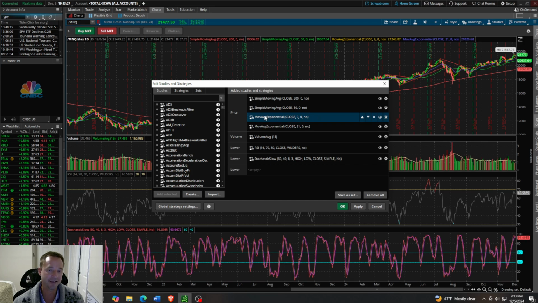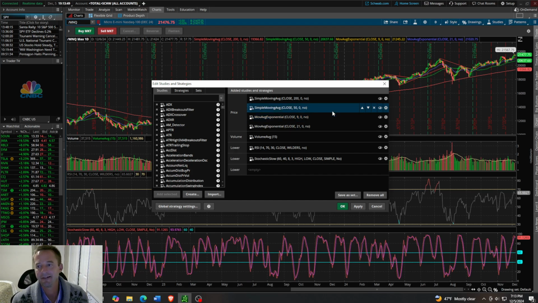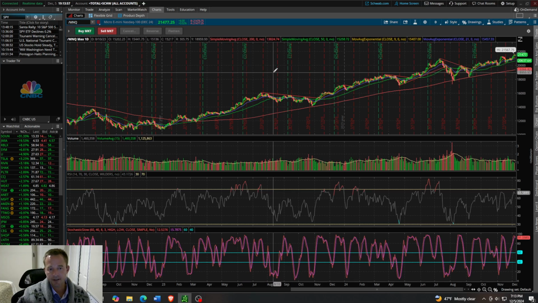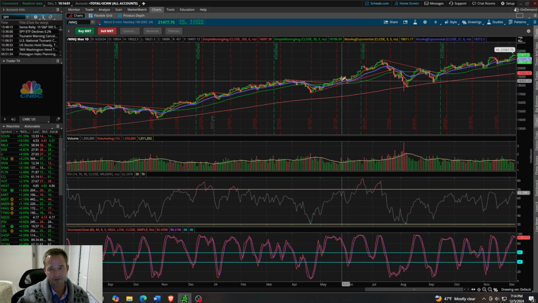And then we have the 9-day exponential moving average. That is something I haven't always had on, but I heard about people using this a few years back, and I've left it on ever since. When a stock is really ripping, it will respect the 9-day moving average.